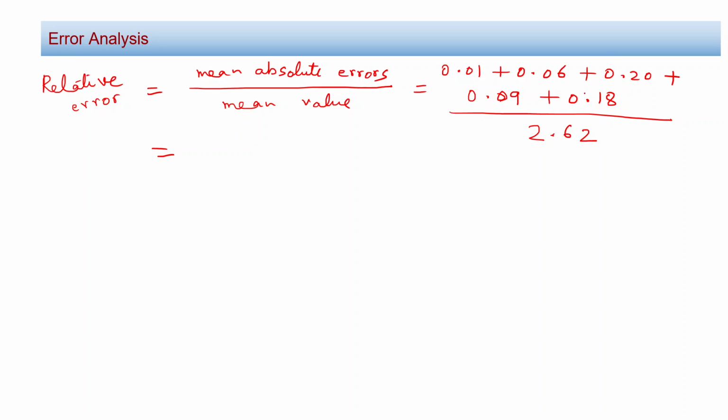So now I'll add this: 0.01 plus 0.06 plus 0.2 plus 0.09 plus 0.18. So the sum of absolute errors is 0.54.